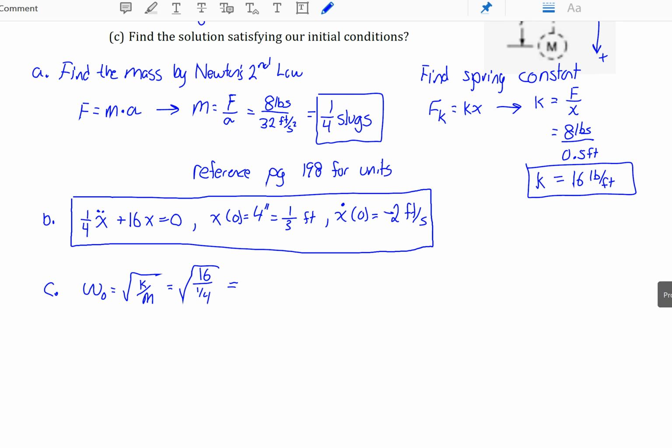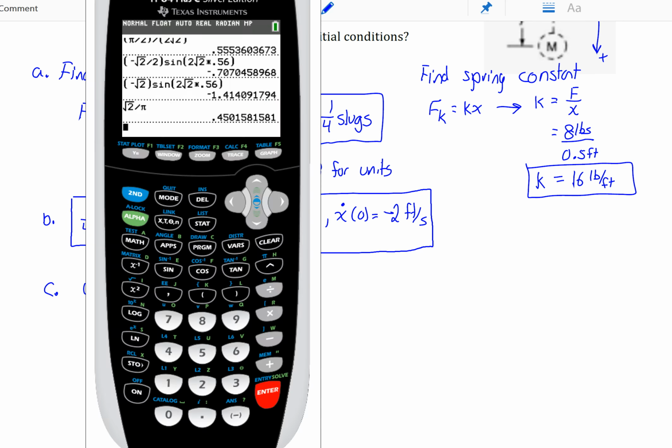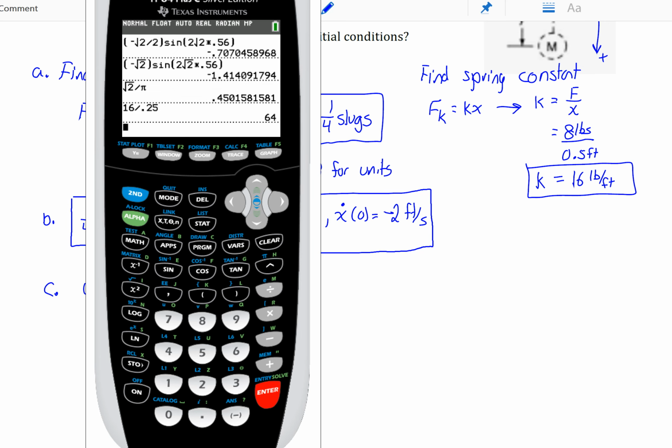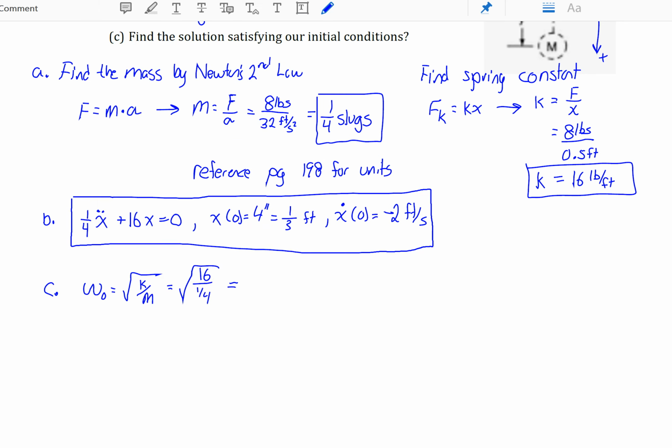So 16 divided by 1/4, I'll grab my calculator. 16 divided by 0.25, 1/4, is 64. And the square root of 64 is just 8.